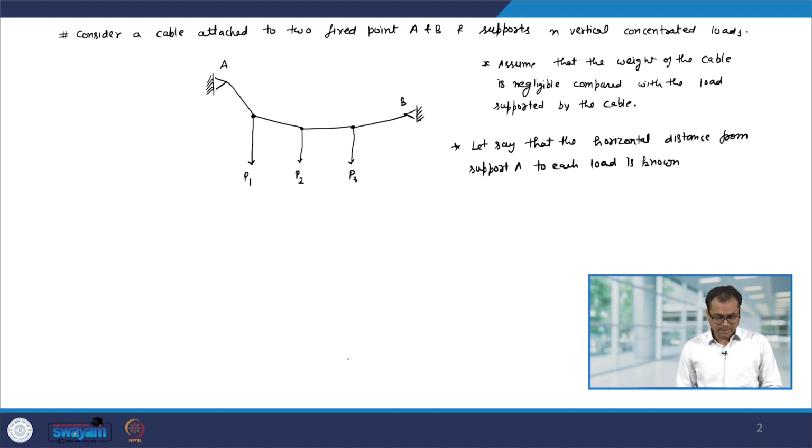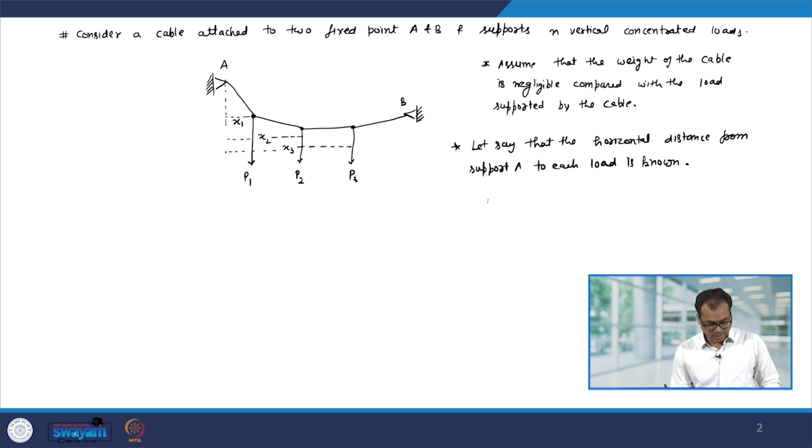So, what do I mean by that? That means that from here I know at what horizontal distance P1, P2 and P3 are suspended. So, let us say this is x1. So, x1 is given to you. Similarly, this x2 is also given to you and x3 is also known.